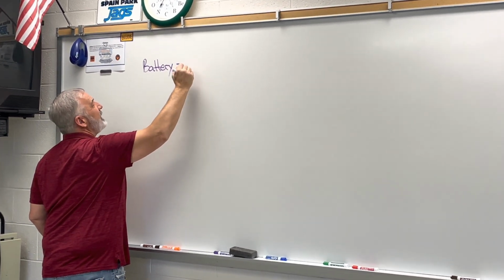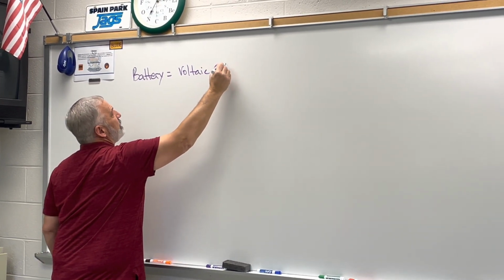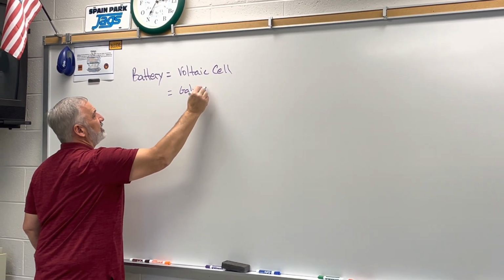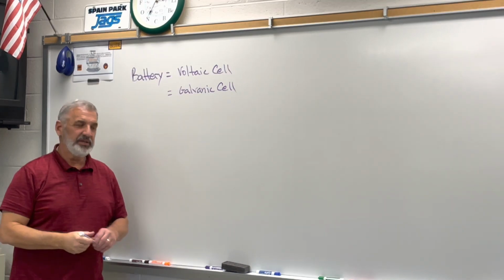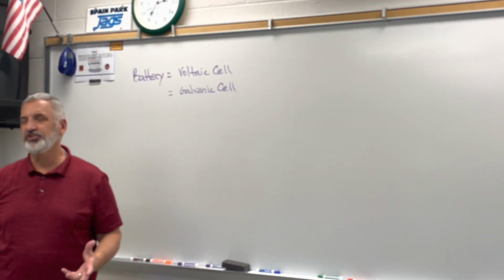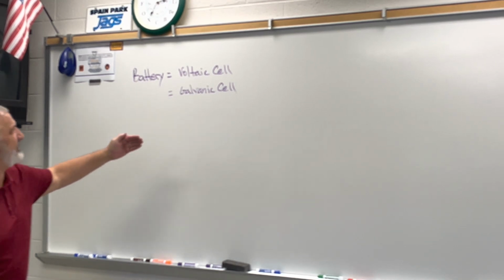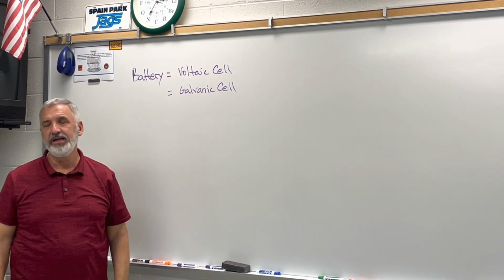Okay? And a battery is going to be called either a voltaic cell or a galvanic cell. And I look it up every year. Sometimes it's called a Daniel cell, but I sometimes think that it's called, his last name is Galvani. So galvanic cell is an Italian guy.